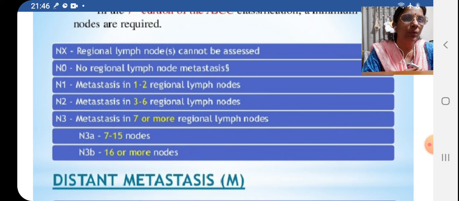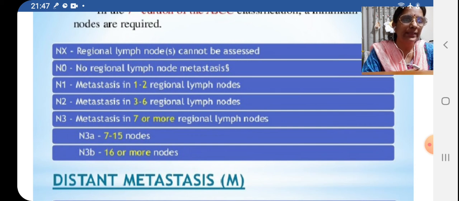So you have to go a little higher up. That means the nodes along the celiac trunk and the splenic artery, close to the splenic artery, that is D2. You have to remove those nodes also. So that is called D2 dissection. That means you are removing the N1, N2 and N3 nodes.